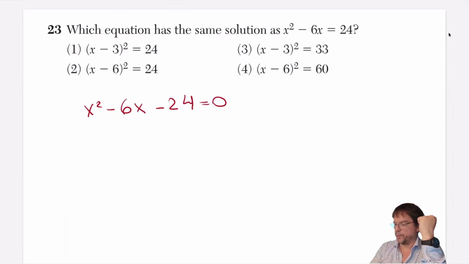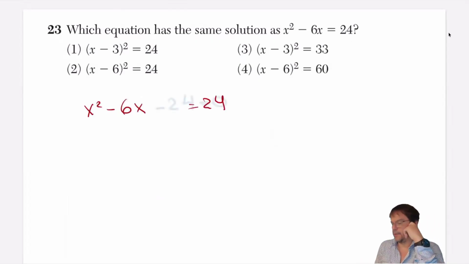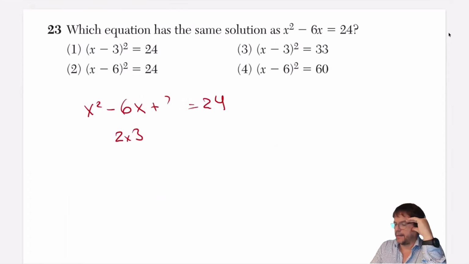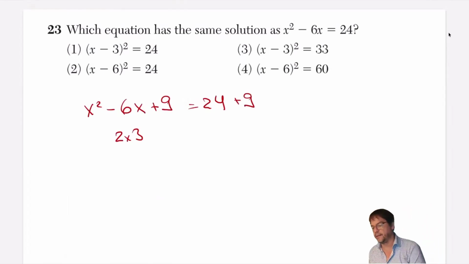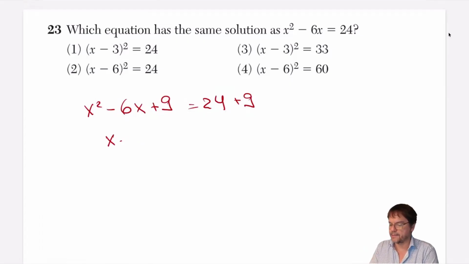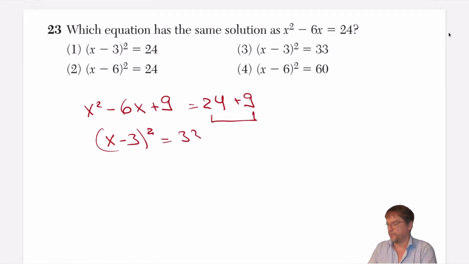If I keep 24 on the other side, and this is 2 times 3, so here I can add 9. If I did this on one side, I need to do it on the other side. This is x minus 3 squared. And the other side is 24 plus 9, which is 33.